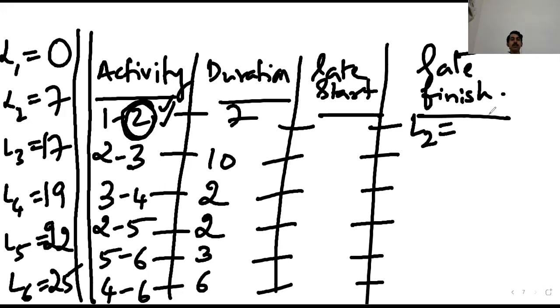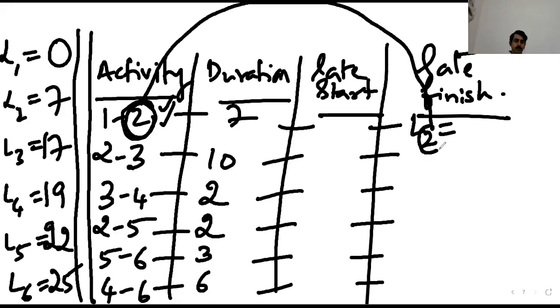So what will be this value here? L2 is how much? What is the value of L2? 7. Is it right? So this is how we are supposed to consider the value of late finish.